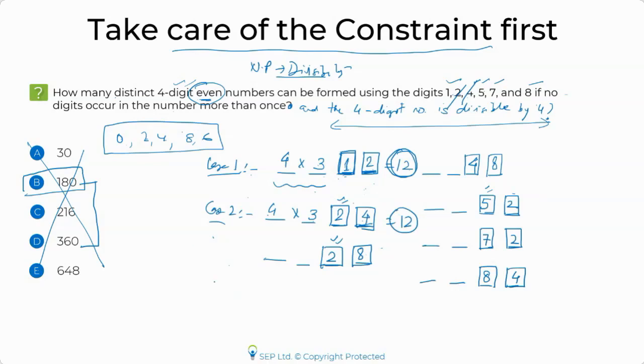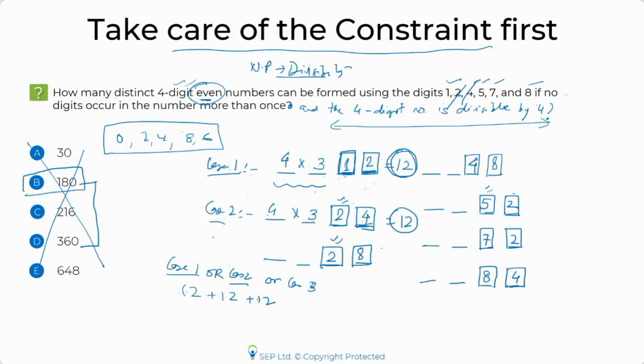Now, this is where the question comes into the picture. Do you need to do 12 times 12 times 12, or do you need to do 12 plus 12 plus 12? These are all unique cases. Either the last two places will be 12, or 24, or 28. So you're basically adding them up.